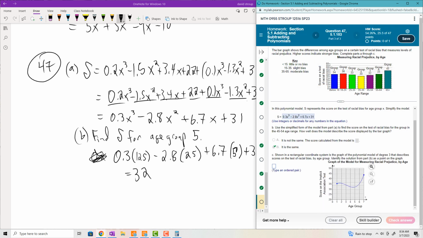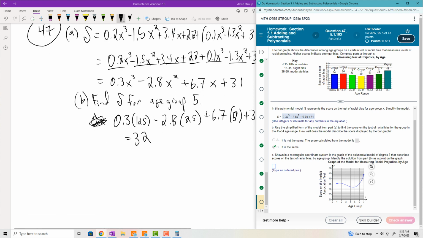And then this one's kind of weird. They want you to show, in the rectangular coordinate system, oh no, shown in the rectangular coordinate system is the graph of the polynomial model. So they graph this S function in the xy plane and it has this weird kind of shape to it. And it describes the scores of the test of racial bias by age group. Identify part B as a point on the graph. So they just want you to type in the information as an ordered pair.